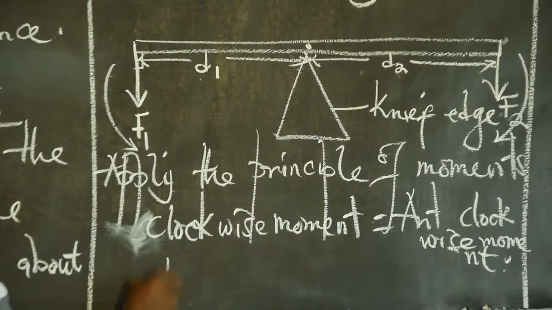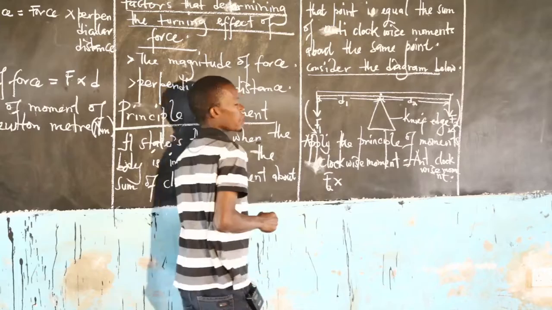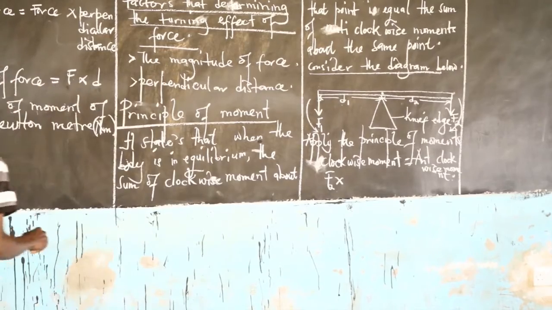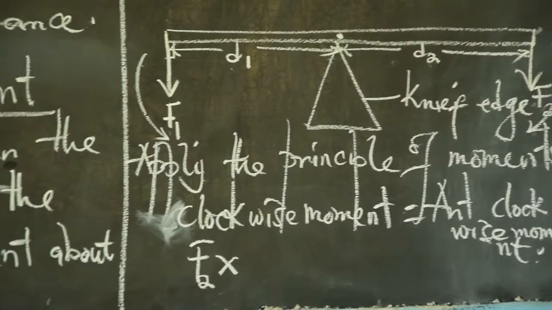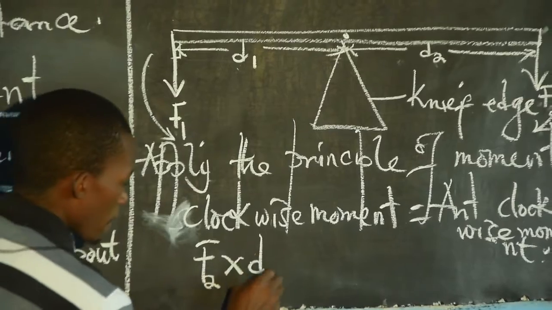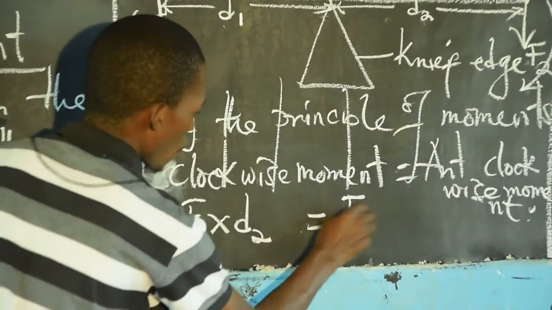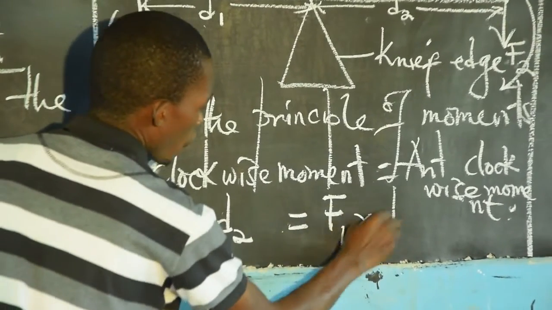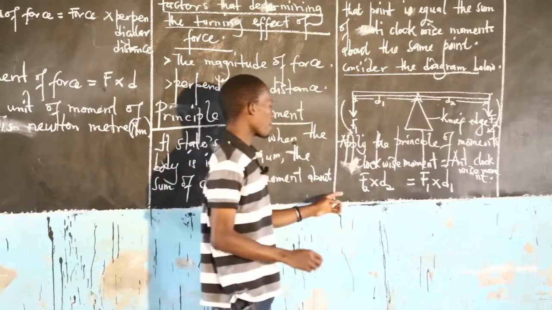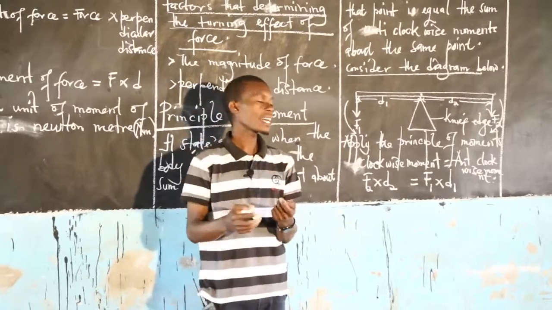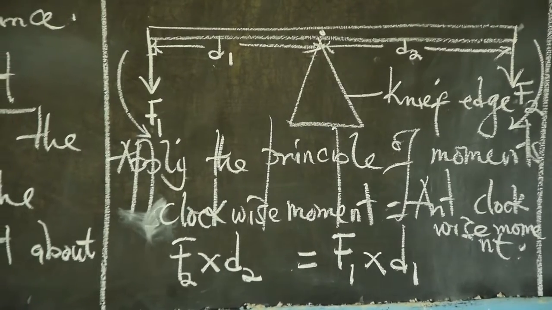We are going to say F2 times, because we talk about the product, times the perpendicular distance D2, is equal to force 1 times D1. This is the formula we are going to apply in our examples.